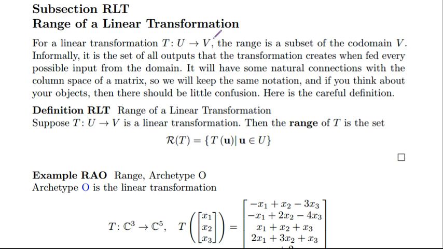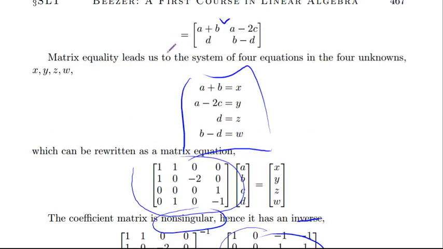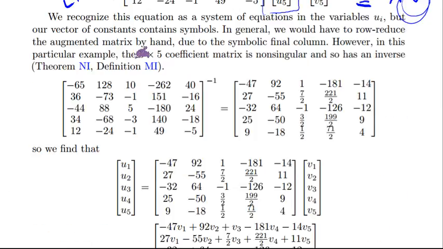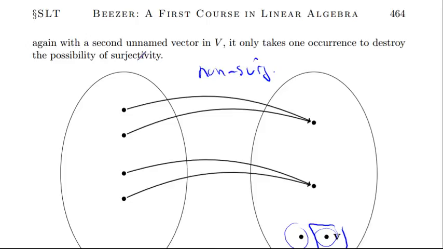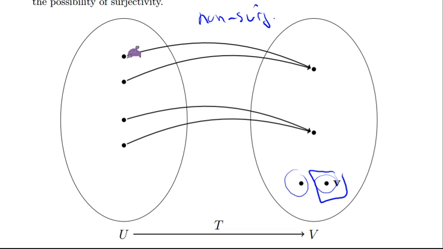All right, well, let's talk about range. Now, we talk about ranges of functions intuitively. If we go back to this picture here, if I was going to take this linear transformation, the range is the set of all elements over here that are hit by at least one vector through the linear transformation.